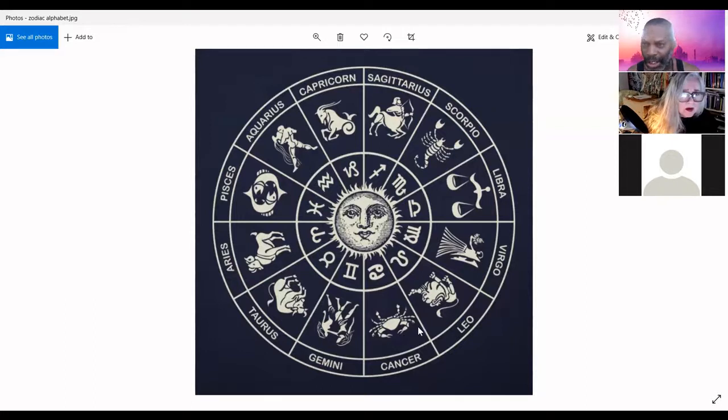Cancer. Are you getting the gist? We skip a sign, and then the next three signs are for the left. So I'm not going to list out which it is right now. I'm just going to say which three they are. To our left for Cancer, it's Virgo, Libra, and Scorpio. To our right for Cancer, it's Taurus, Aries, and Pisces.